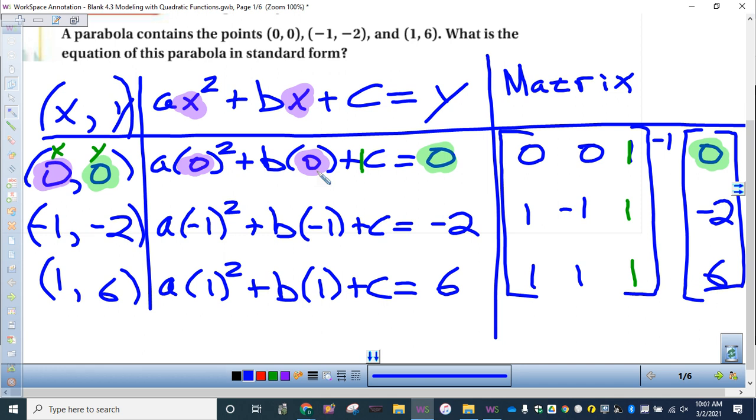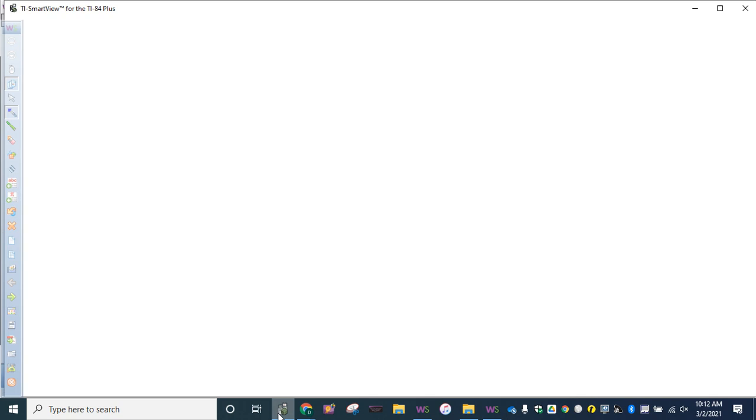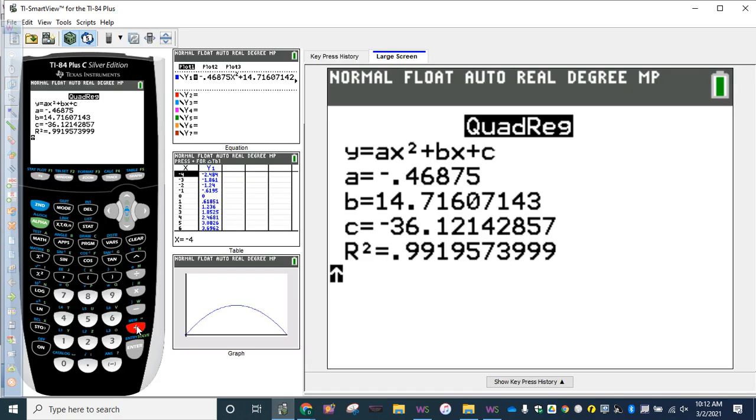So bust out the calculator. We're going to do second, x to the -1. 1, negative 1, 1, and 1, 1, 1. I already have it in from the last period, but actually I'm going to just reset my calculator, so I have to do it again.